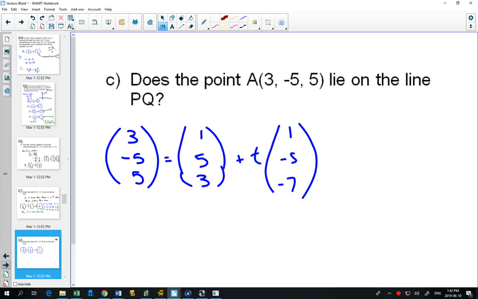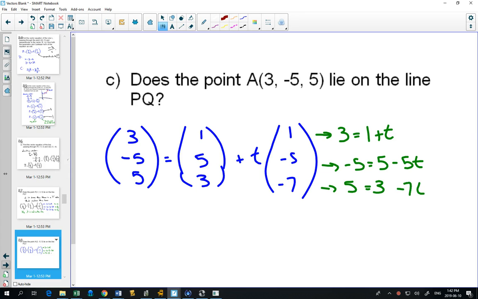So let's find out. The first equation would tell me 3 would equal 1 plus t. Second equation would be -5 would equal 5 minus 5t. And the third one would say 5 is equal to 3 minus 7t.